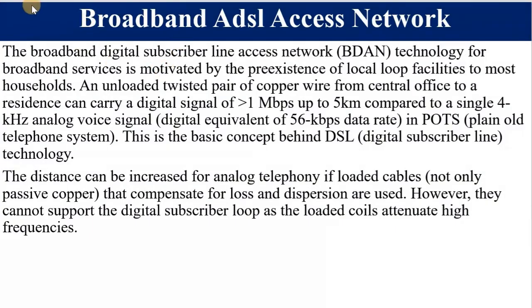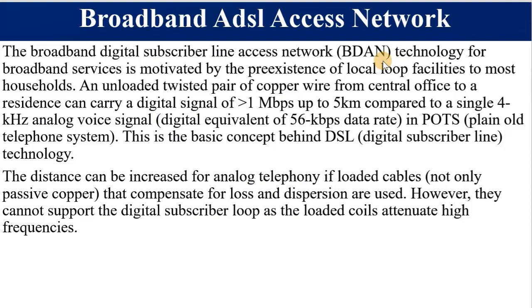We said broadband is a modulated signal. It can be analog modulation or digital modulation, and in this case on ADSL it's digital modulation. ADSL is motivated by the pre-existence of a line from the customer's premises to the exchange, and all along this line has been used to carry voice alone.